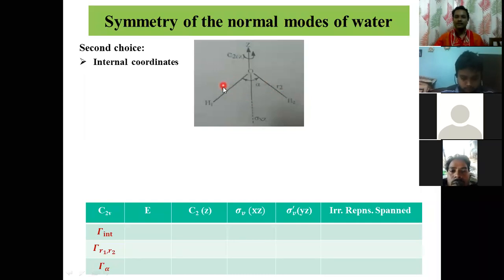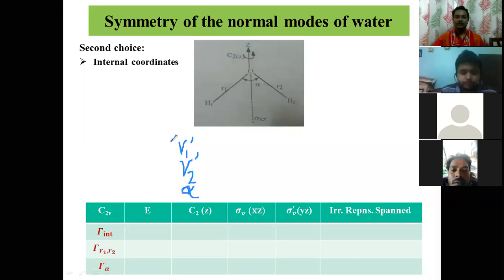So R1 remains R1, R2 remains R2, and alpha of course remains alpha, right? So there is no change. Therefore, if I take a 3 by 3 matrix, it is going to be something like this. R1 prime, if I write the new coordinates, and then R2 prime, and alpha prime.